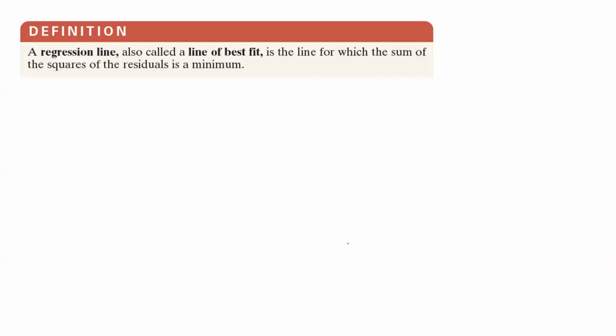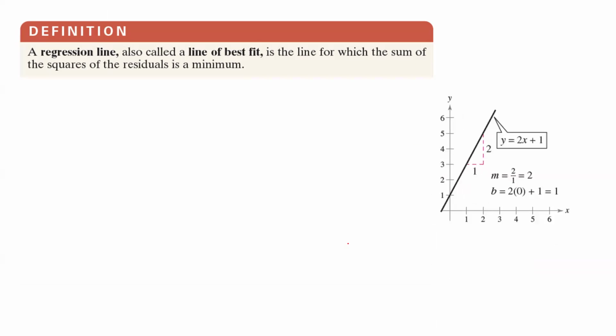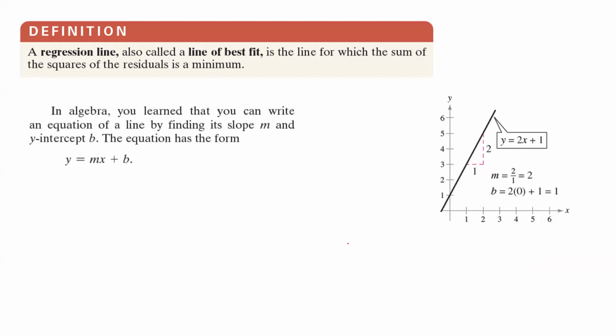So let us begin. A regression line, also called a line of best fit, is the line for which the sum of the squares of the residuals is minimum. In algebra, you learn that you can write the equation of a line by finding its slope, m, and y-intercept, b. Then the equation can be written as y equals mx plus b.